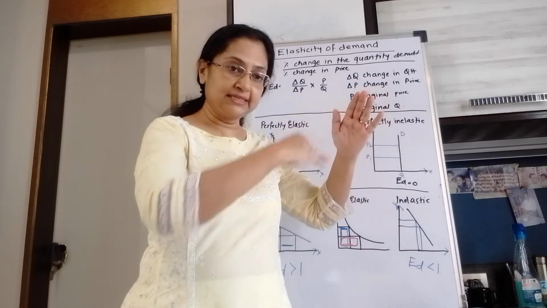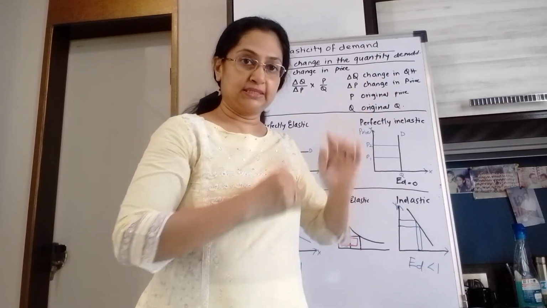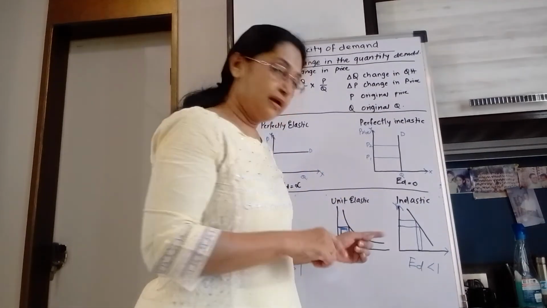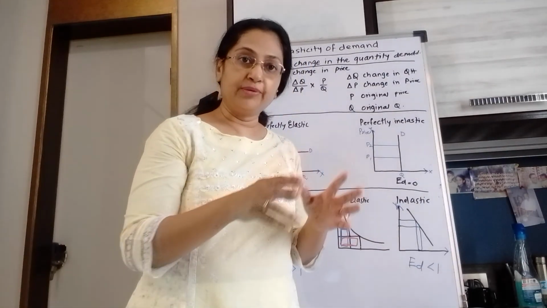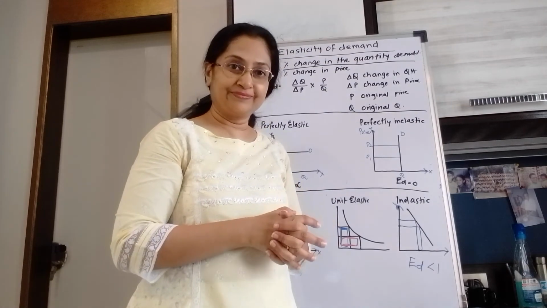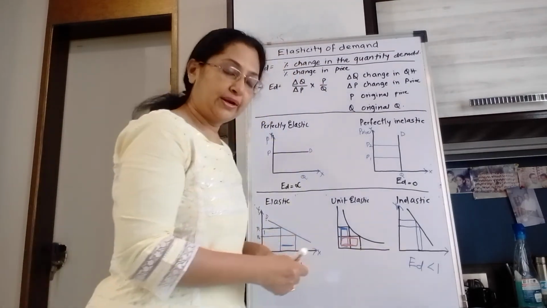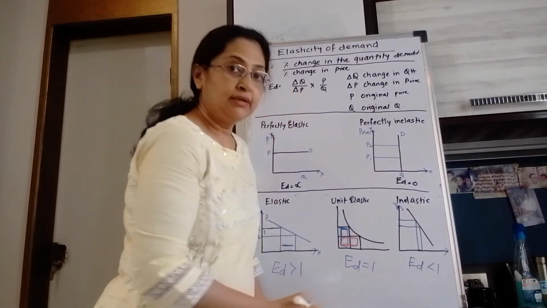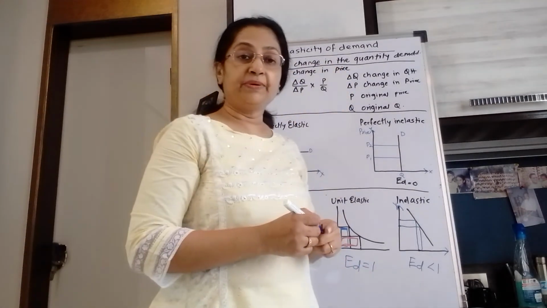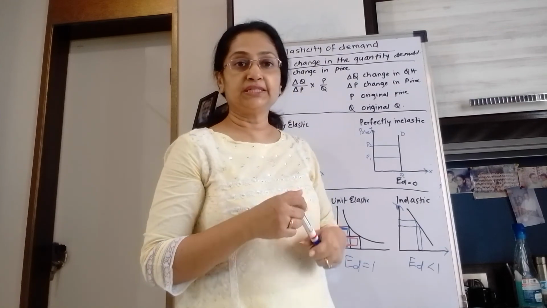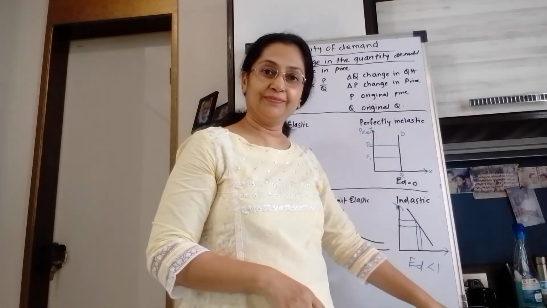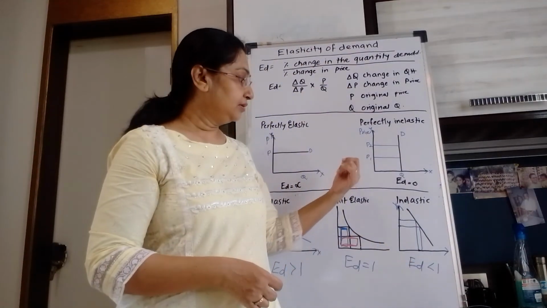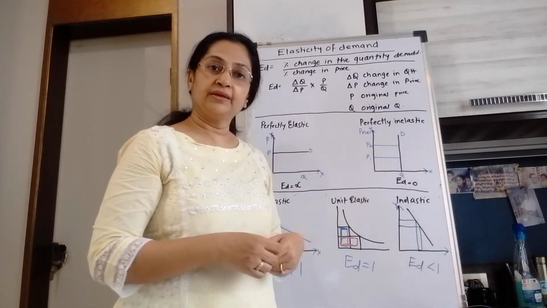It leaves x axis and y axis at an equal distance, and therefore you get the rectangular area equal if you take 2 different points along the same curve. And the value of ED here is 1, because the numerator and denominator are the same. The percentage change in quantity is equal to the percentage change in price. So you get ED equal to 1. We shall take up the examples to be solved under these categories in the next session.